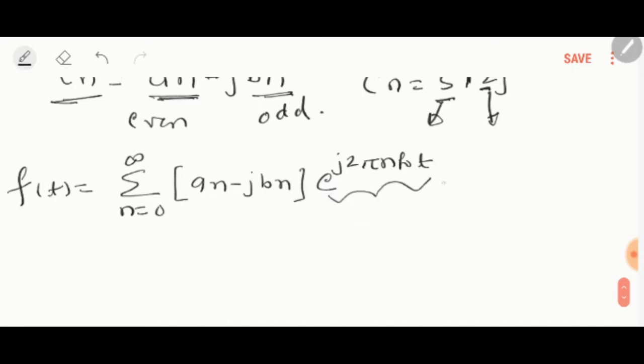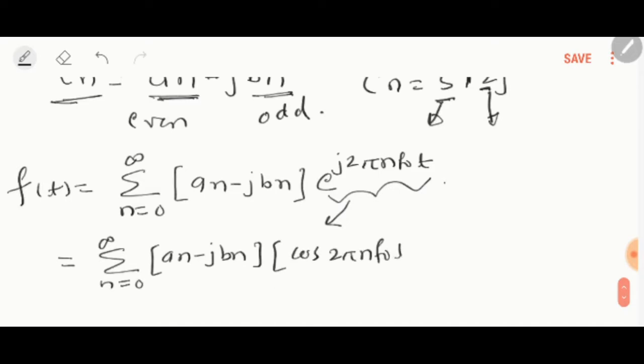So let us substitute cos plus j sine for this term. So it will be n from 0 to infinity, an minus j bn into cos 2 pi n f naught t plus j sine 2 pi n f naught t.